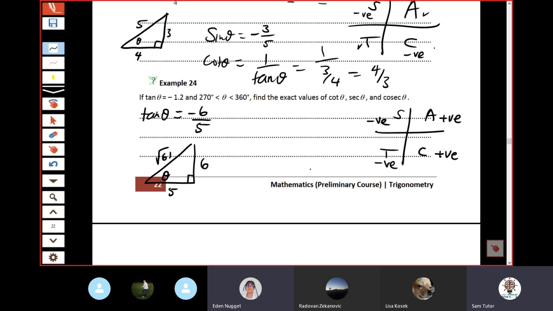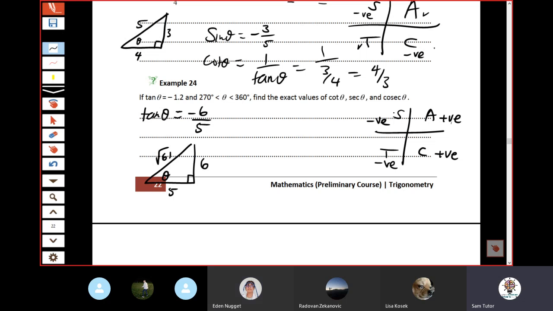Eden? What do you mean? Wait, what do you mean it's going to be positive in A and negative in S and T? Well, okay, you already know tan is negative because it gave you that. But it's saying the angle must be between 270 and 360, so it's lying somewhere in here. If your angle's lying in here, that means cos is positive here. So if it's positive in cos, what does that also mean about A? It's also positive, right?